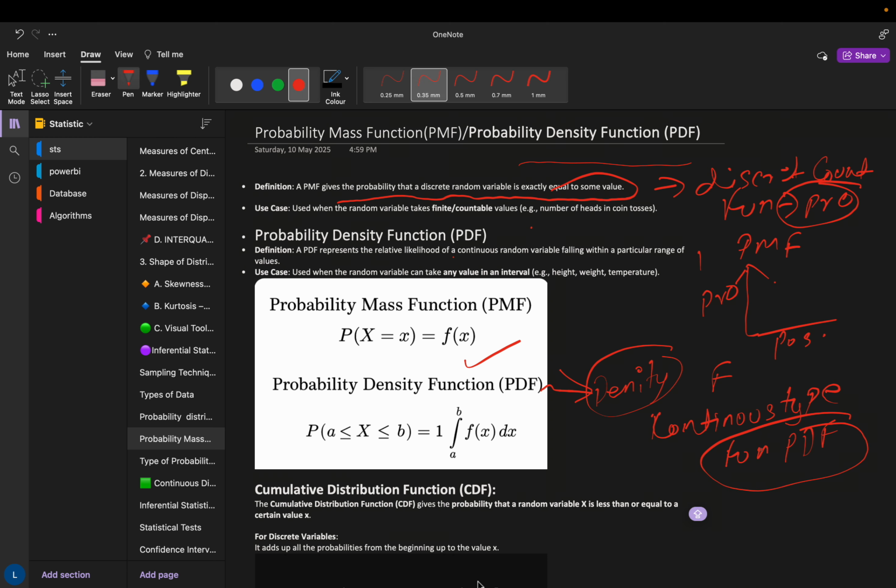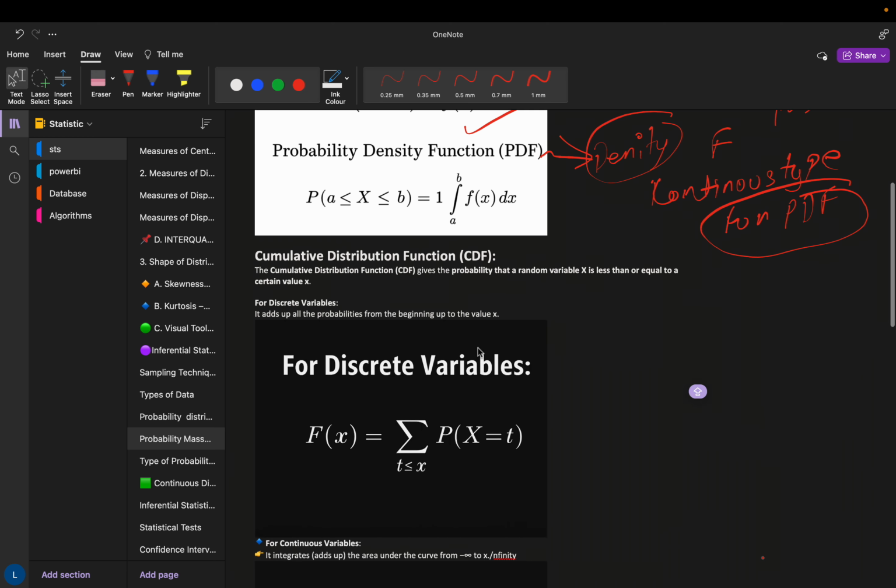In case of probability density function, we plot probability density on the y-axis and the random outcome on the x-axis. We don't plot probability here, but in mass we plot probability.